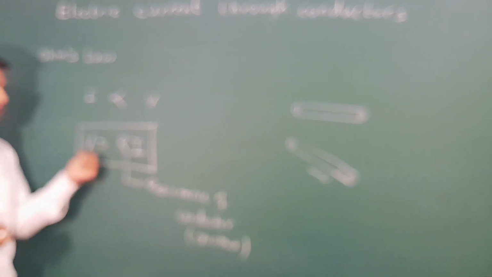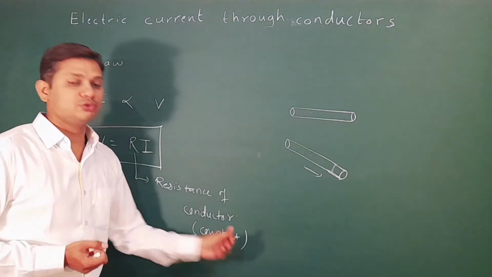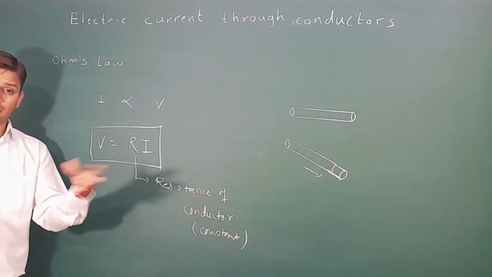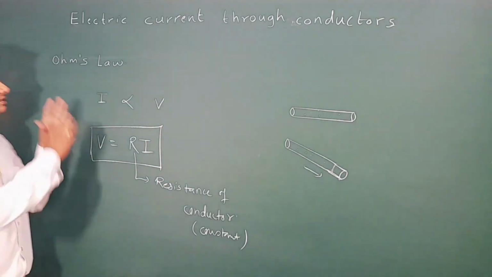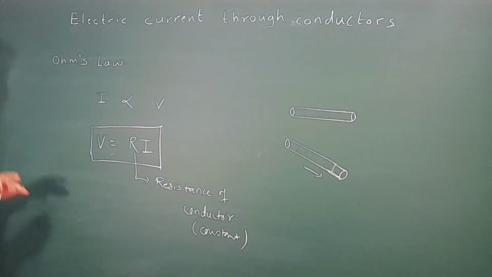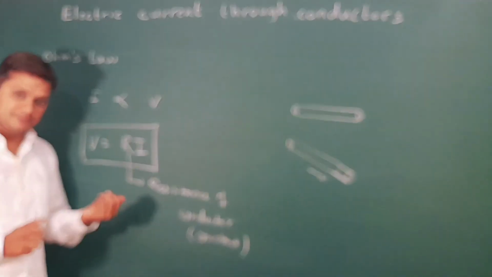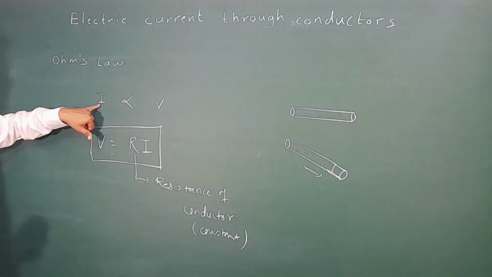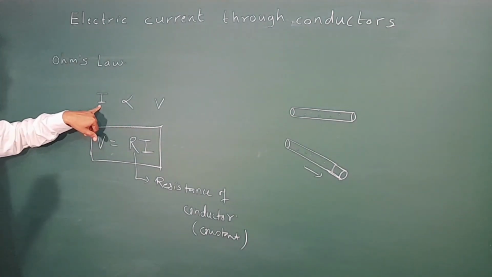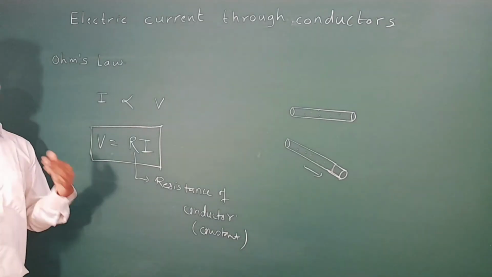So its physical state should be constant. This law is applicable only if resistance is constant, and resistance is constant only if the length, area of cross section, material, and temperature of the conductor are constant. So this law can be stated as: as long as the physical state of the conductor is constant, that is, if resistance is constant, then the current flowing through this conductor is directly proportional to the potential difference applied across it.